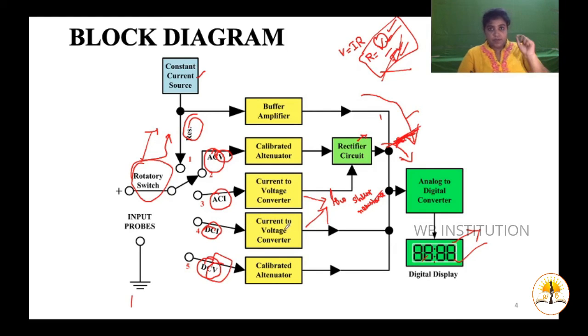Okay, just make a sharp note of that. Added to that, for your AC supply, AC current or voltage, we have to send it to a rectifier, whereas for your DC supply it is directly fed into your analog to digital converter after this block operation. Okay, fine. So next, you can see the display over here.